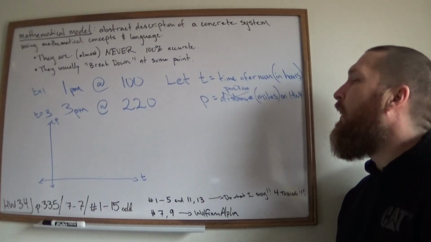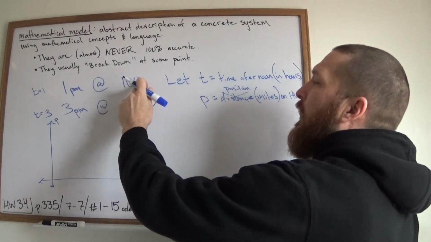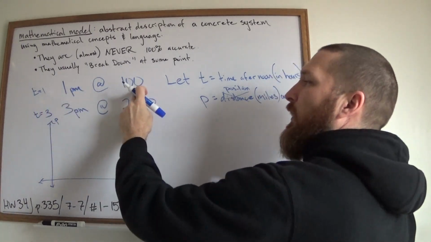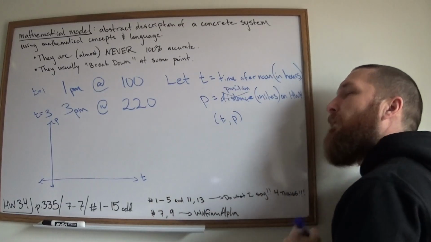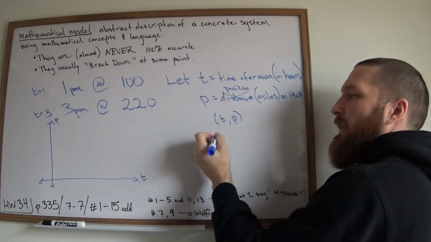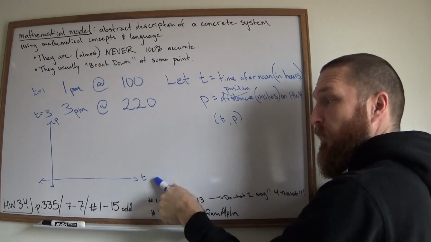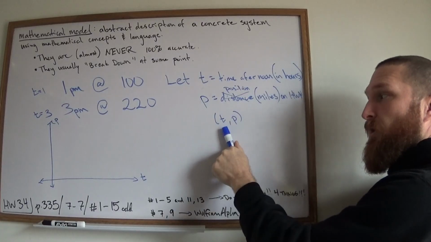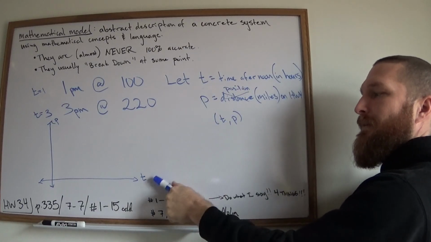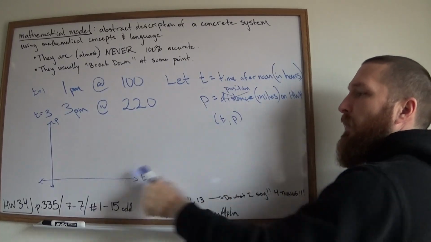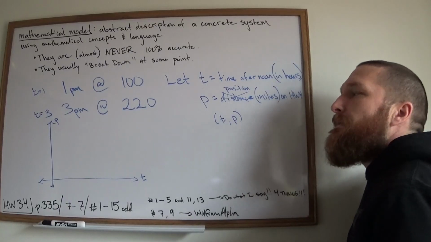Okay, so let's plot a couple points. We know that when time equals 1, our position is 100. You could think about this as a point where you have time, position, like that. Notice that this determines which axis is which, right? Because the first axis, the x-axis, is now our t-axis, and our y-axis, we're now calling our p-axis.